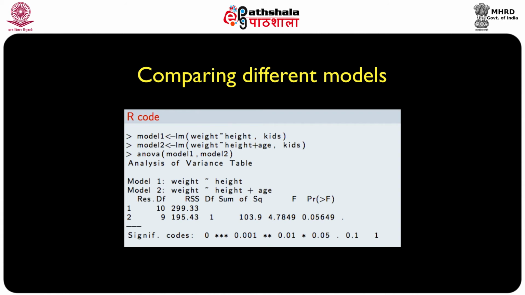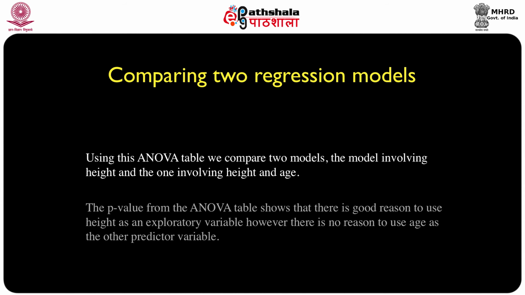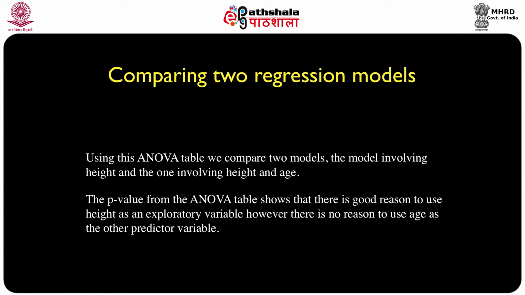As the R output, we are given the analysis of variance table, which contains the F statistic and the corresponding p-value for comparing model 2 with 1. Using this ANOVA table, we compared the two models, the model involving height and the one involving height and age. The p-value from the ANOVA table shows that there is good reason to use height as an explanatory variable.